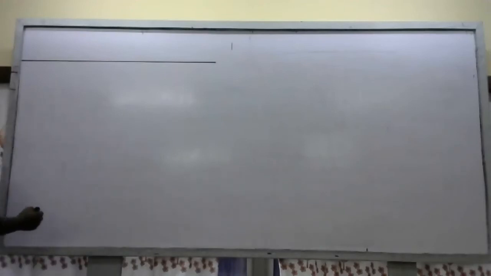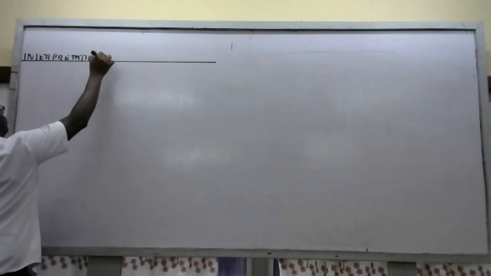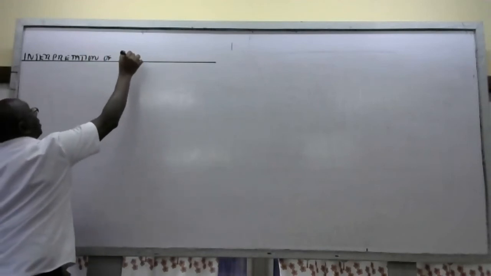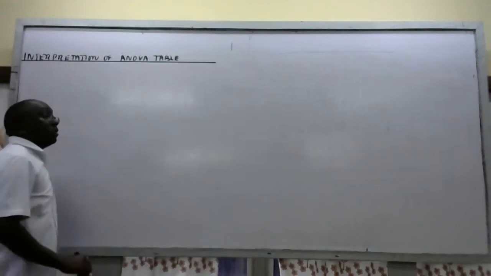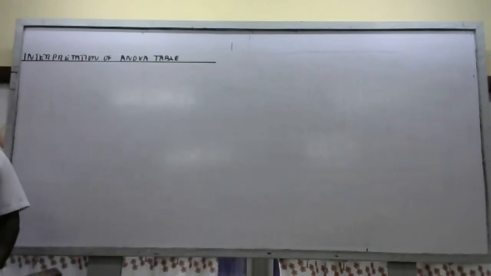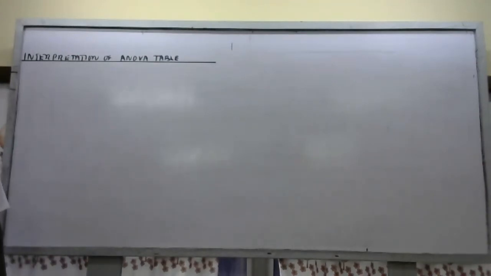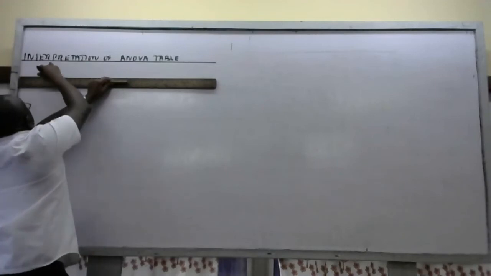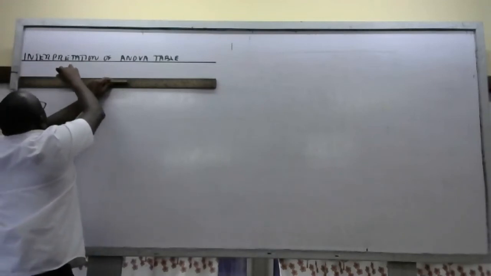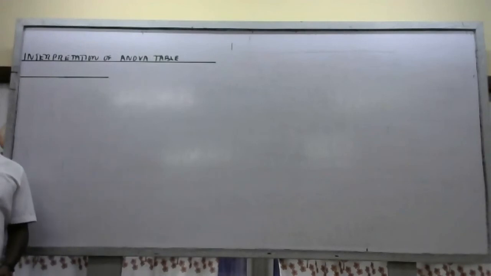And now we need to discuss something called interpretation of ANOVA table.